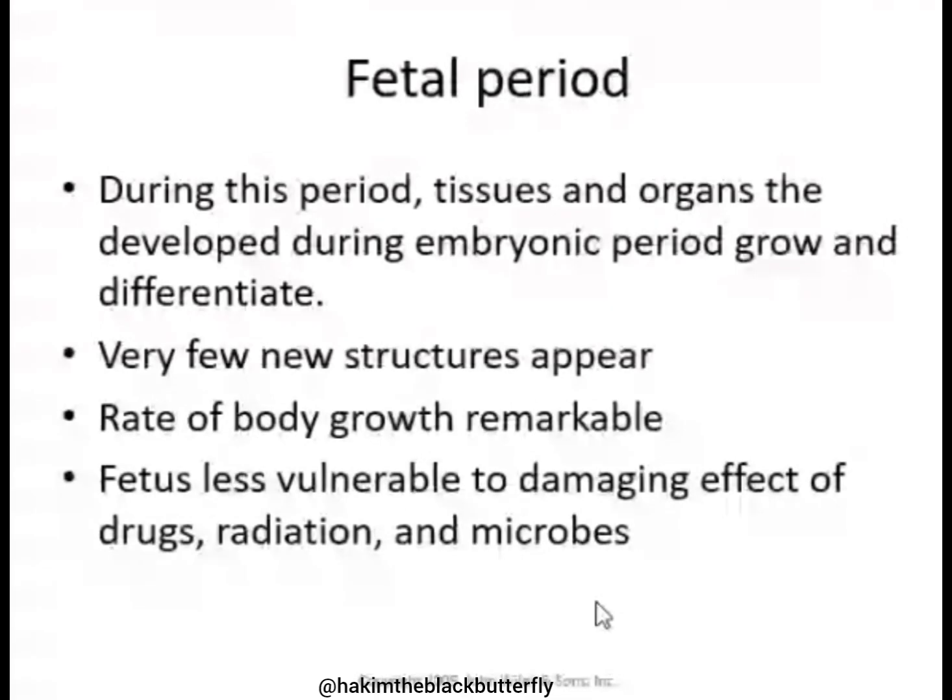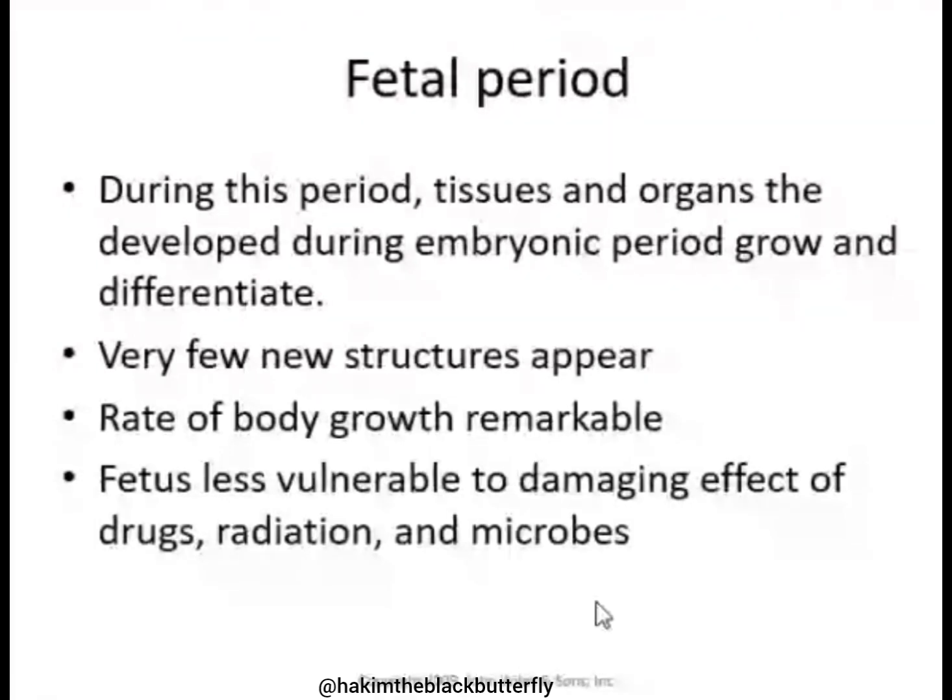Remember one thing, that between week 3 up to week 8, organs form from the 3 germ layers. So yesterday we saw that by the end of week 8, almost all organs have been laid down. However, they are not mature enough to support you outside the uterine cavity.